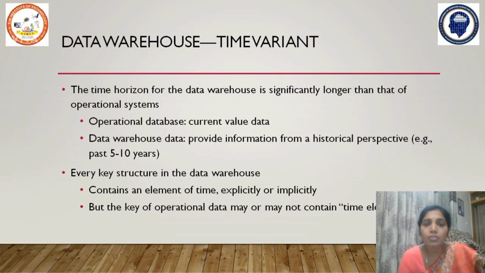The data warehouse will provide information from a historical perspective, for example, the past 5 to 10 years. Every key structure in the data warehouse will contain an element of time, explicitly or implicitly. But the key of operational data may or may not contain the time element. You need to keep this in mind.